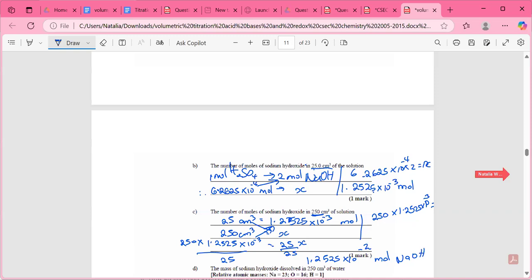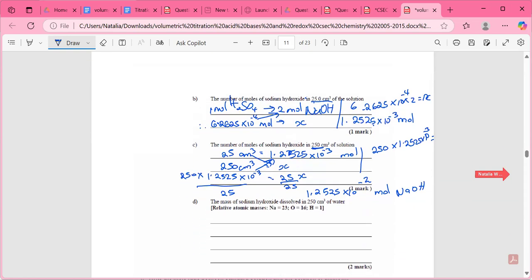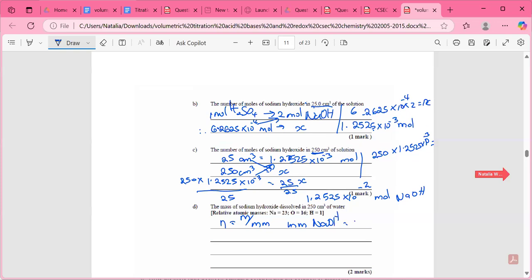So the next question is asking me to calculate the mass dissolved. So I have the number of moles dissolved, so I need to find the mass dissolved. Number of moles is equal to mass over molar mass. So I need to calculate the molar mass of NaOH. So 23 plus 16 plus 1 is equal to 40. Mass is equal to number of moles times molar mass.